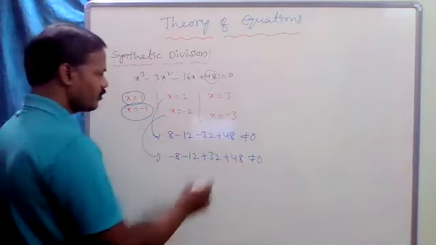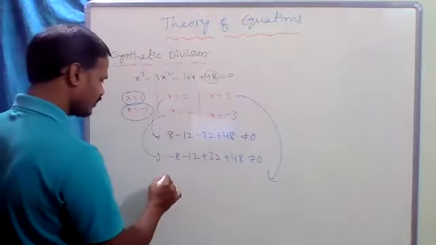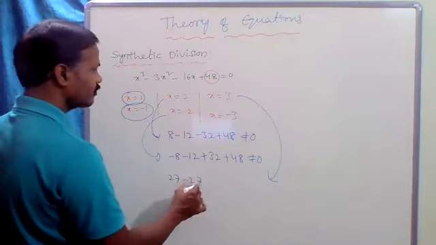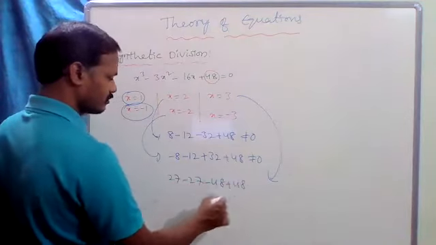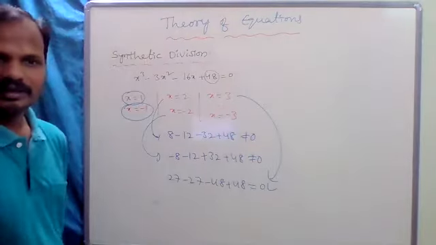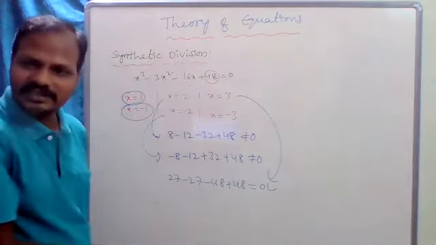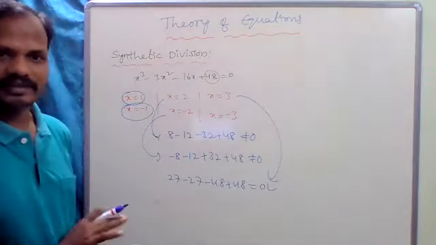Now test for 3. 27 and -27 minus 48 plus 48, which is equal to 0. So that means x equal to 3 is a root, and x minus 3 is a factor.